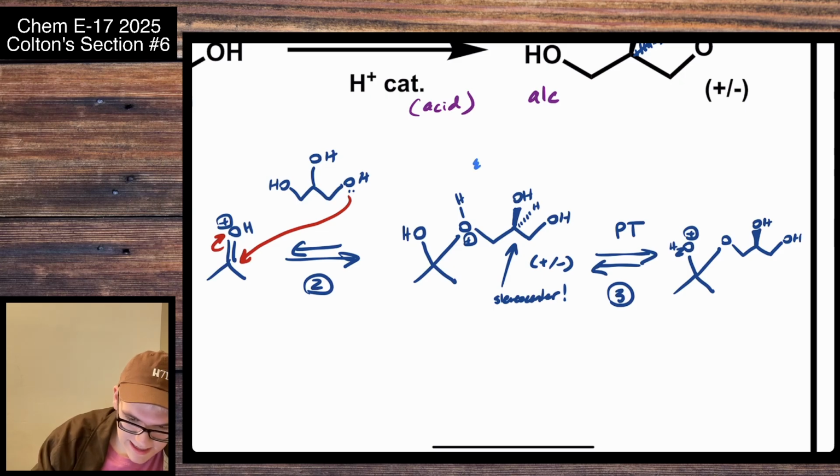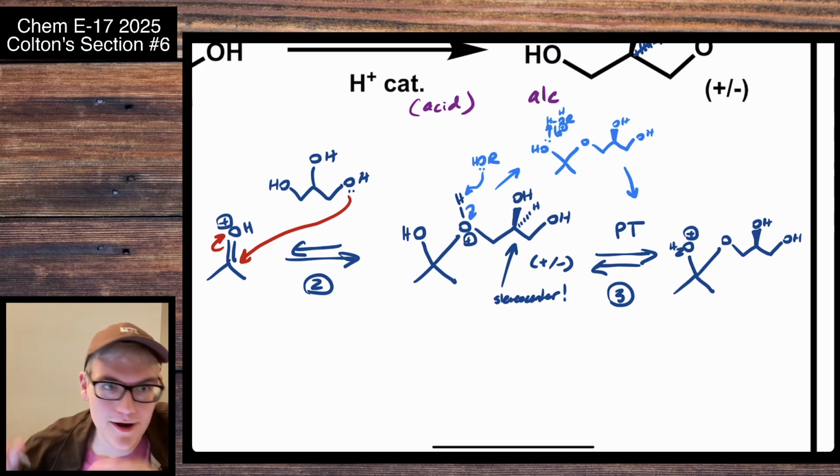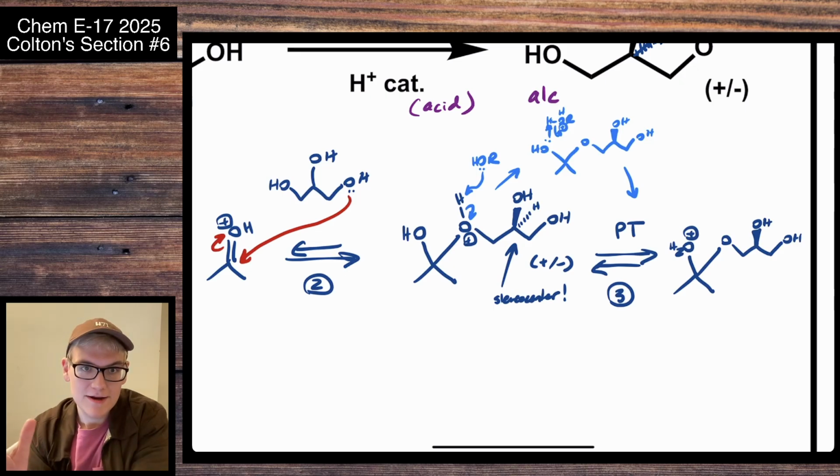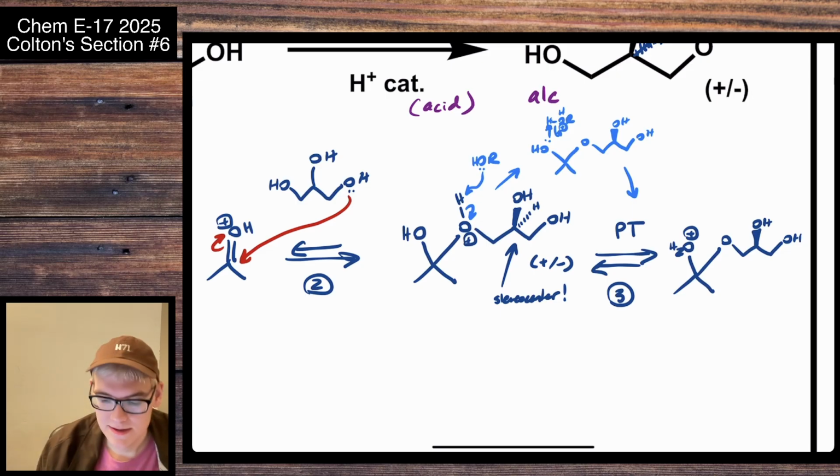So we would have another alcohol, and I'm just going to abbreviate it as HOR, come and deprotonate this, making it neutral. And then we'd have a protonated alcohol come and protonate this. But those are separate interactions. The protonation and deprotonation are random other solvent molecules bumping in and adding or removing a hydrogen. It's not going to be the same hydrogen moving from one to another. That's one mistake I saw with it.